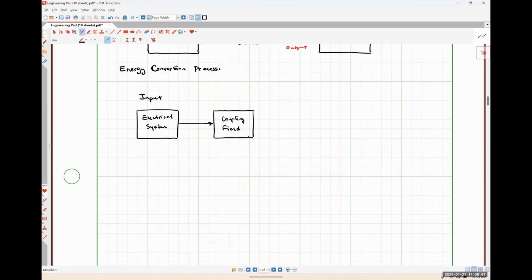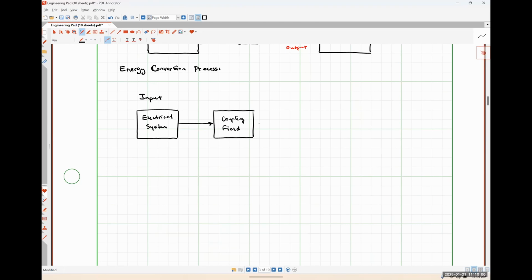In 99% of applications, this is usually a magnetic field. Everything that we're going to be talking about in this class, it's a magnetic field. Okay, so electrical field as a coupling field is very, very rare outside of research laboratories.